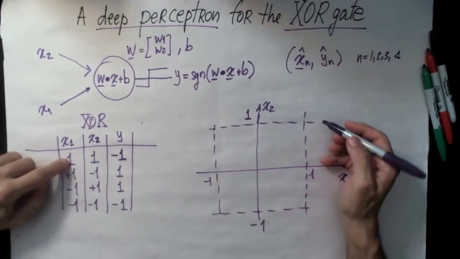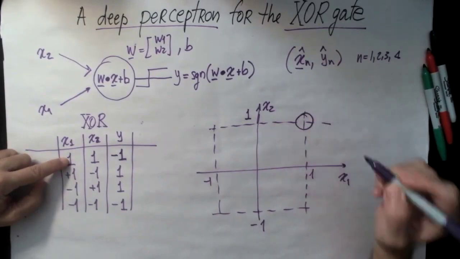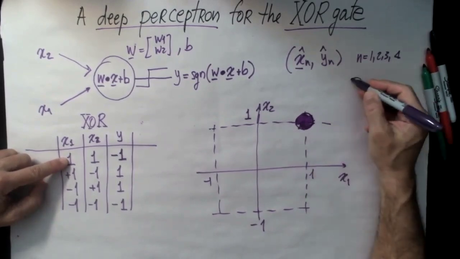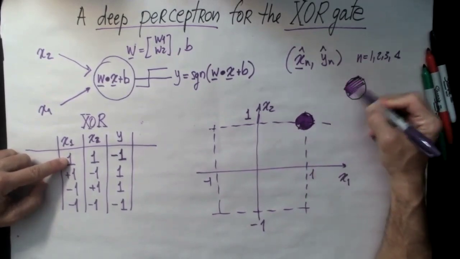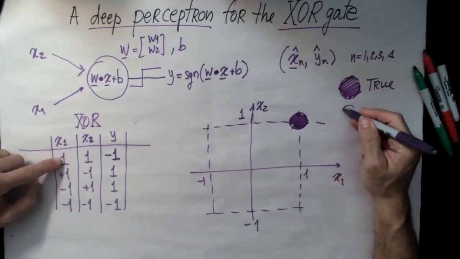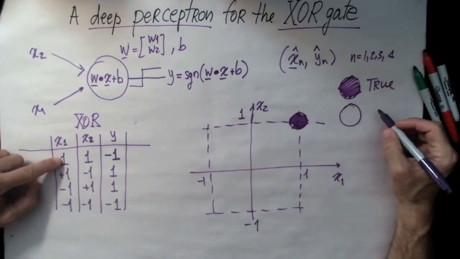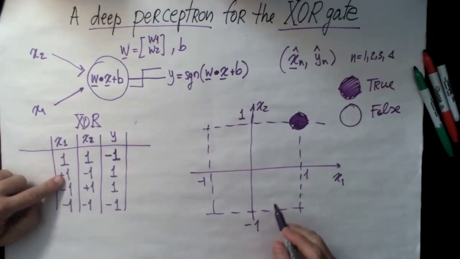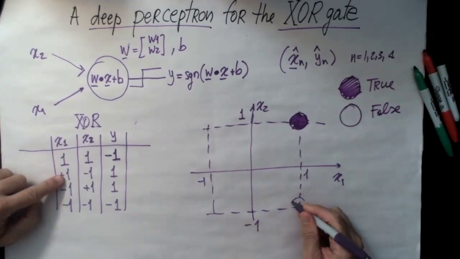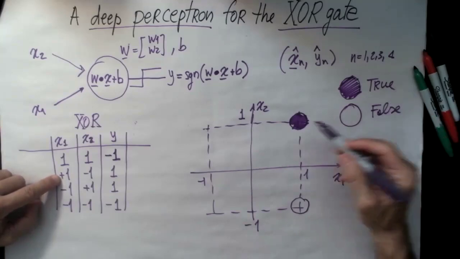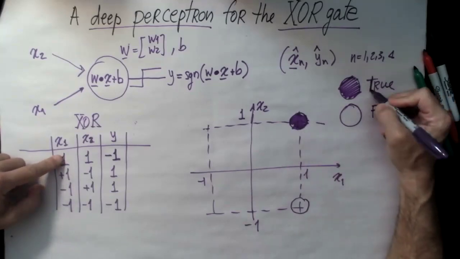So for example, 1 and 1 is here, and this is true. We're going to mark true outcomes with a full circle and an empty circle for false. And so +1 and -1 is down here. Okay, this is basically false.